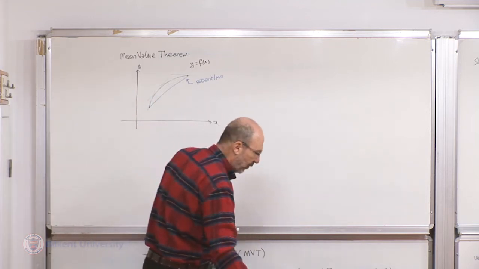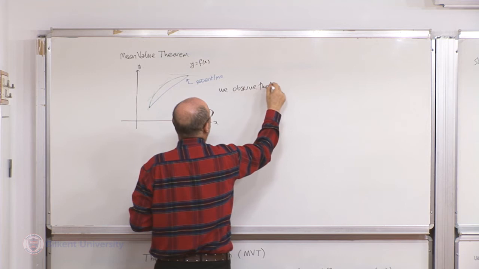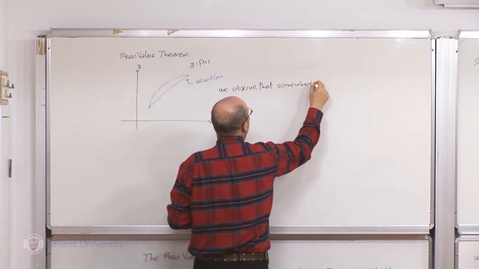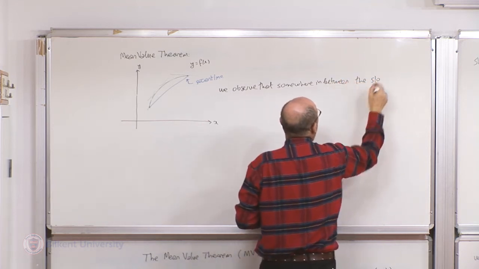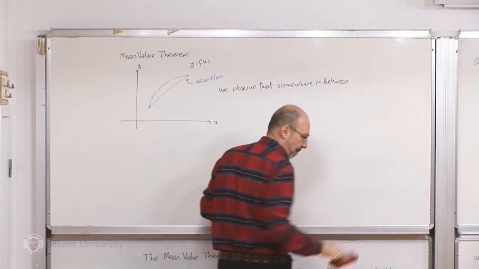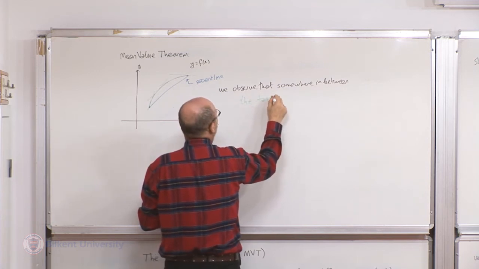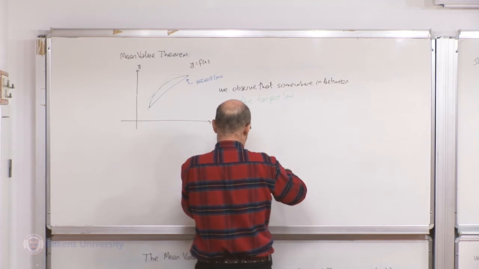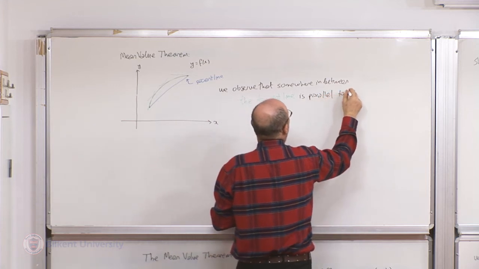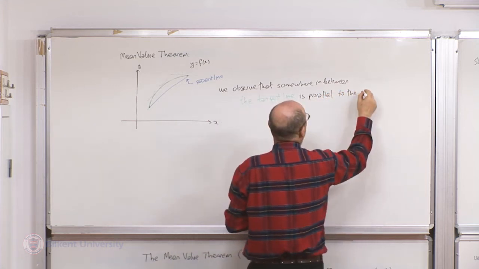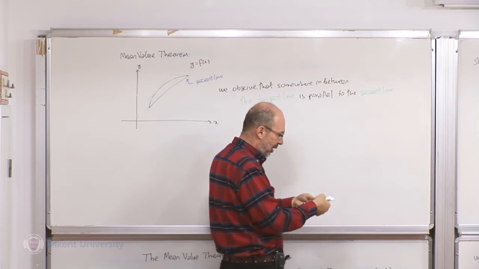So the claim is, we observe that somewhere in between, the slope, or rather the tangent line, is parallel to the second line. Second line is what? Blue. Okay, so I'll write it blue.